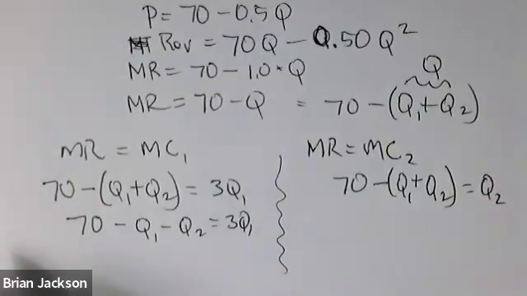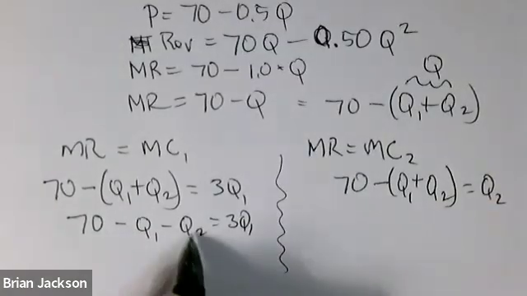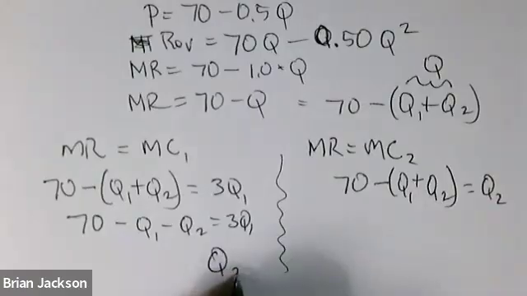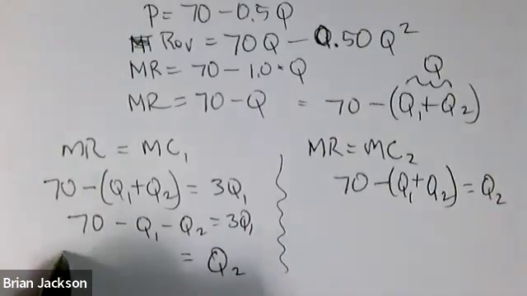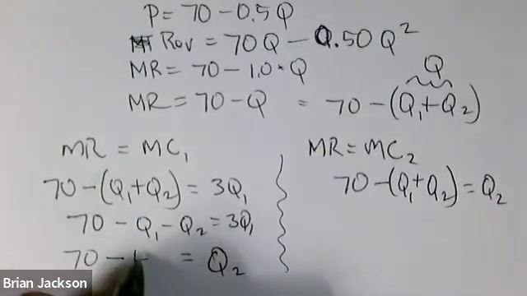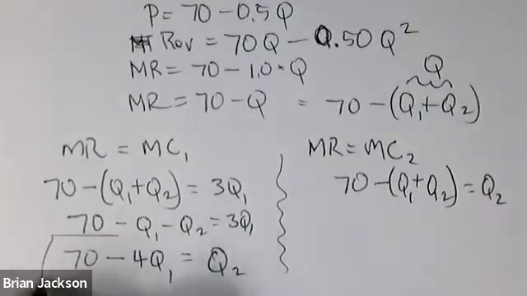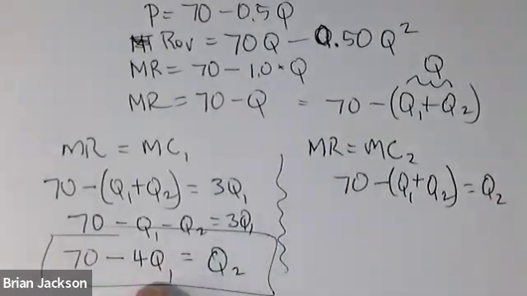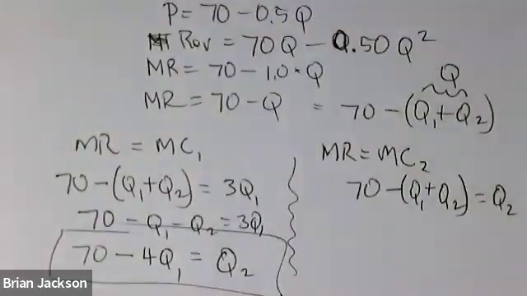And I can solve for Q2. Let's bring Q2 to the right, get our variables away from each other. So Q2 equals 70 minus 4Q1. So here's one equation and two unknowns. I guess they got that for you here. They just have it flipped, but it's no big deal.